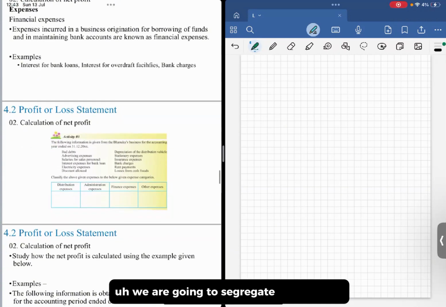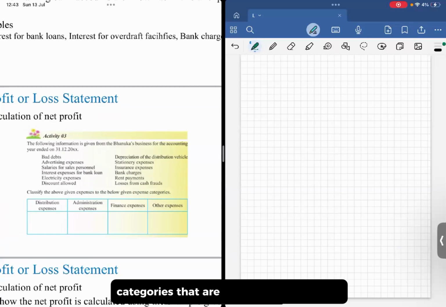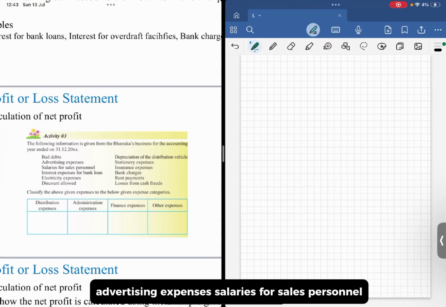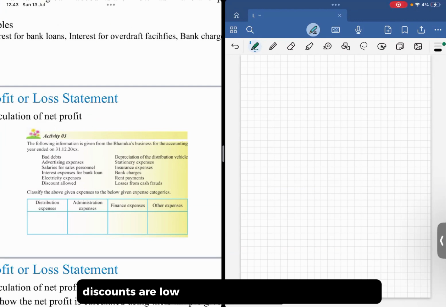We are going to segregate different expenses into the expense categories: distribution expenses, administration expenses, financial expenses, and other expenses. So we have several expenses: bad debts, advertising expenses, salaries for sales personnel, interest expenses for bank loan, electricity expenses, discounts allowed, depreciation of distribution vehicle, stationery expenses, insurance expenses, bank charges, rent payments, and losses from cash roads.